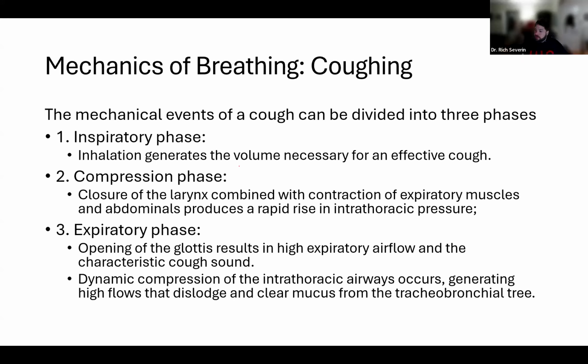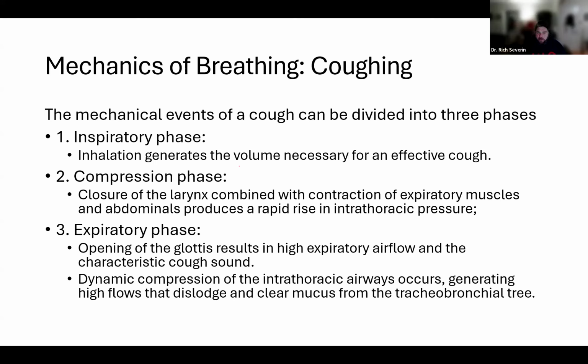Then we have a compression phase. We're basically filling our bellows as much as we can, and then we begin to compress, increasing that pressure as much as we possibly can, to create a gradient behind the glottis, so that in the expiratory phase it opens and we can push out whatever's lodged in our upper airways.